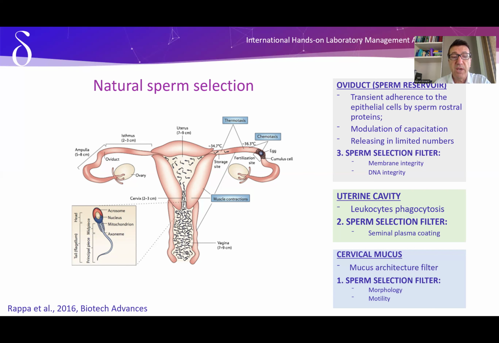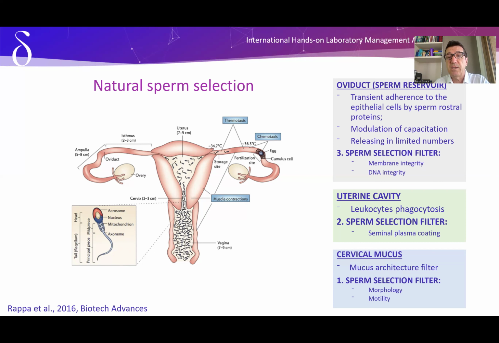So it is also interesting that the temperature within the uterine cavity is a little bit lower than the temperature in the oviduct, and the sperm have a tendency to swim from cooler to warmer places. So the oviduct is a kind of sperm reservoir.